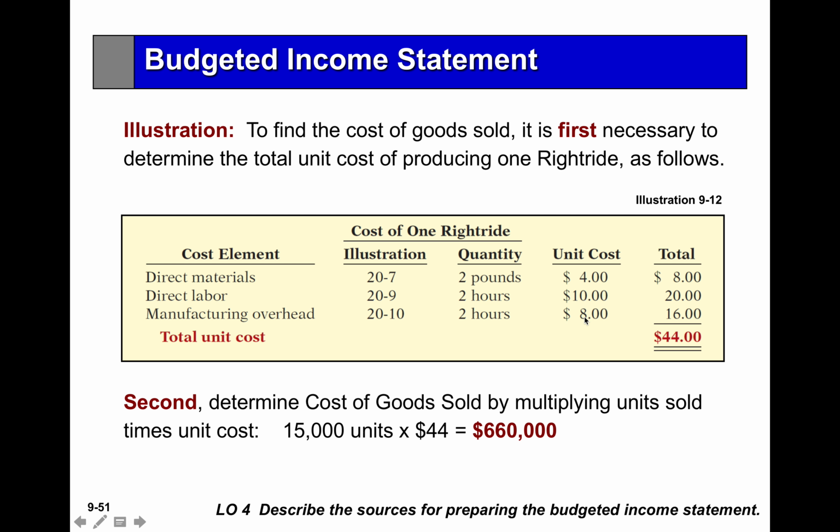$8, if you remember your last table, that's exactly what we determined for manufacturing overhead in the last table that you just saw in this video. And so it's $8, and because it takes 2 labor hours to make a unit, we're going to multiply 2 by 8, which is the manufacturing overhead rate per direct labor hour, and we'll get 16.